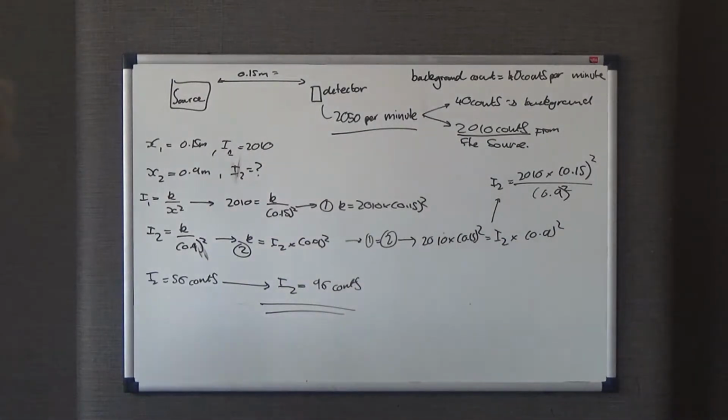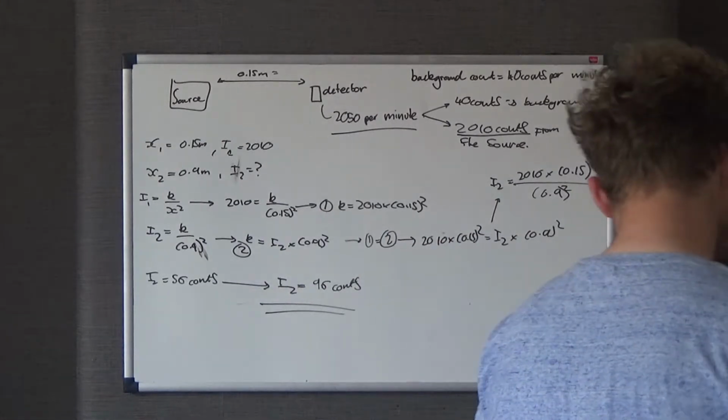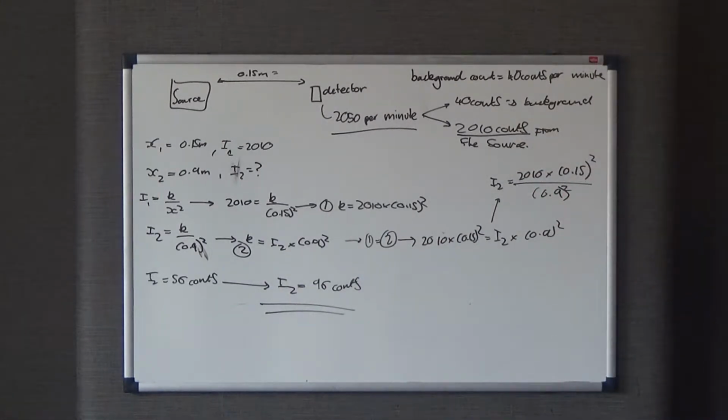Okay, so hopefully that makes sense. That's what the new figure will be. You had to take this 2010 instead of using the 2050, otherwise it would give you a different answer, okay?